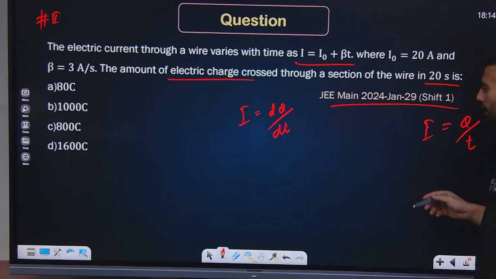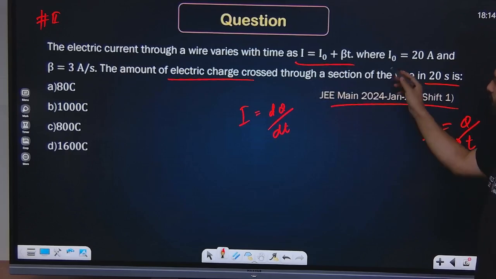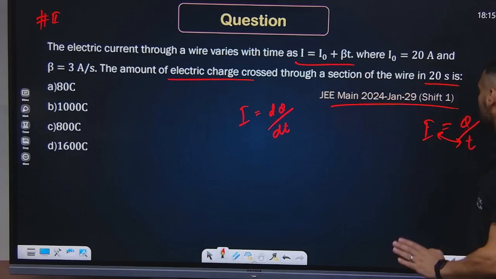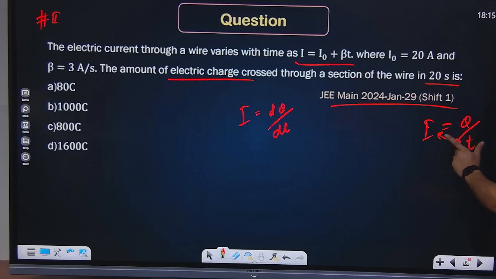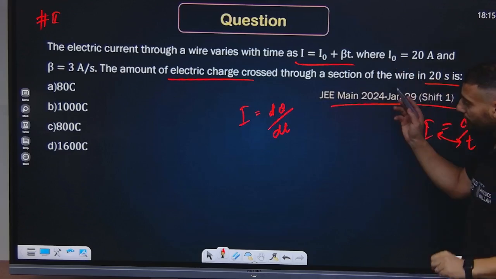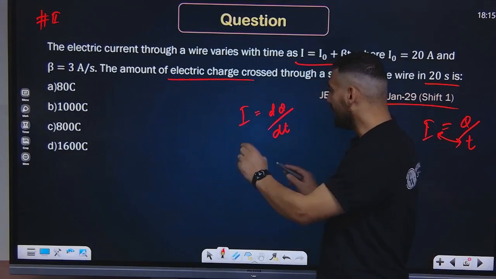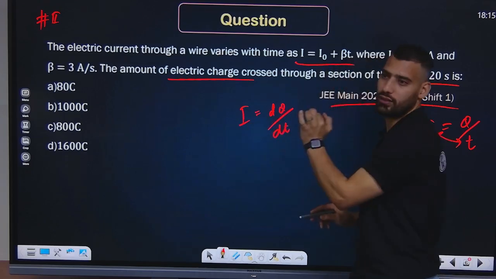He was right. And then he multiplied 20 by the current and gave me some answer. The thing is, you can do this, but when the current is constant. This is not a constant. When variable currents are there, we have to go for the instantaneous value of current. Instantaneous value of current is dq over dt.